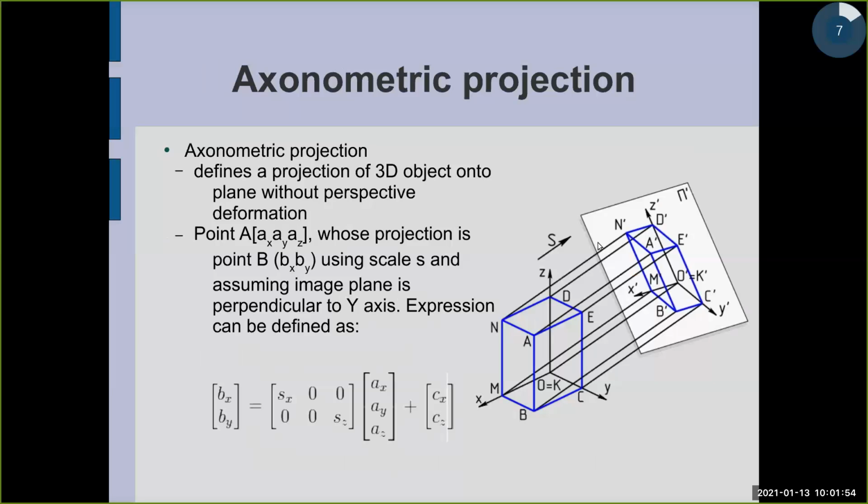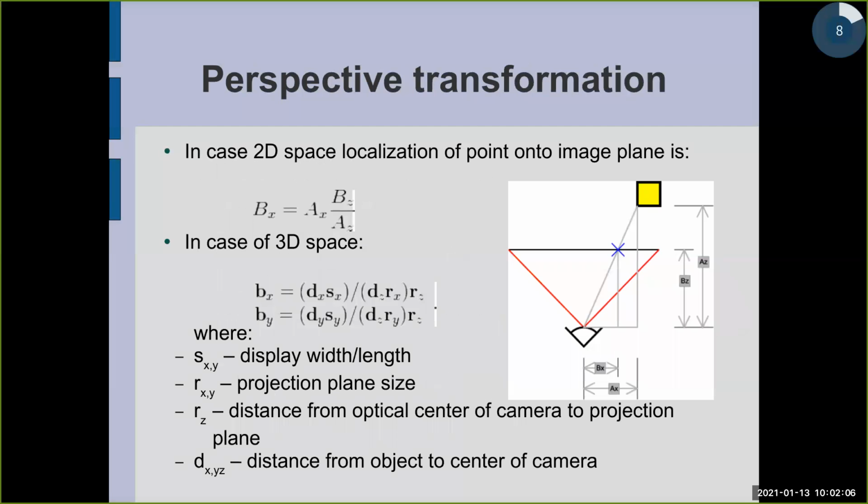Of course, in case of axonometric projection, there is no perspective. So it's typical for technical drawings, but usually in games or other 3D renders, we have a perspective transformation.